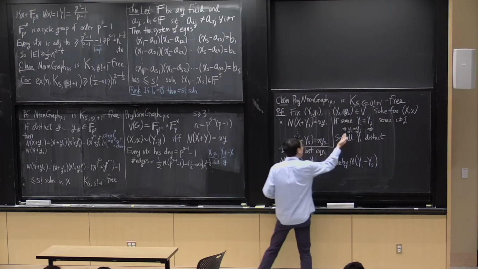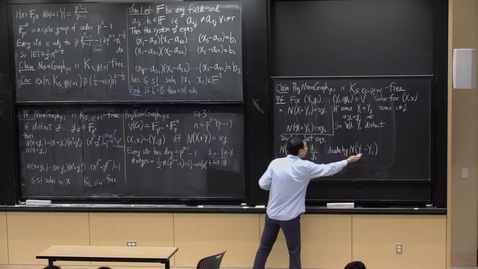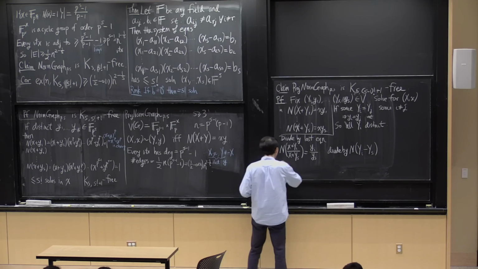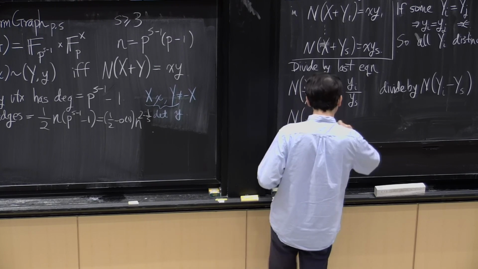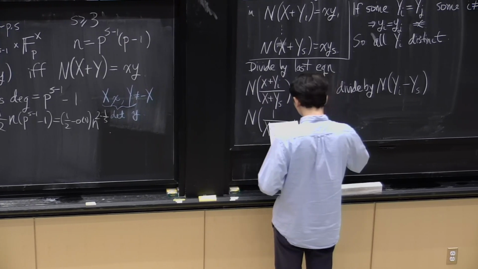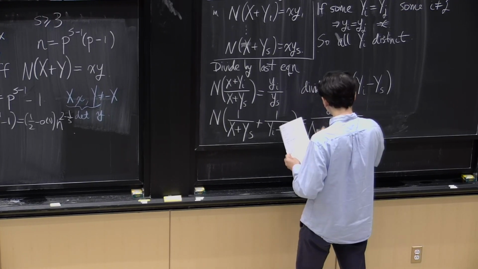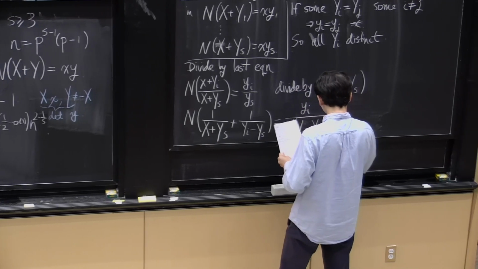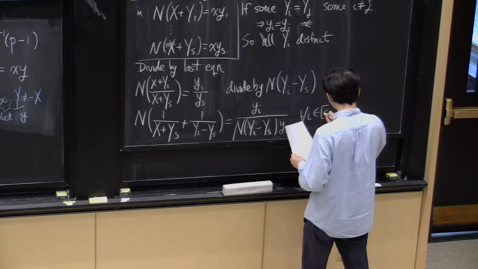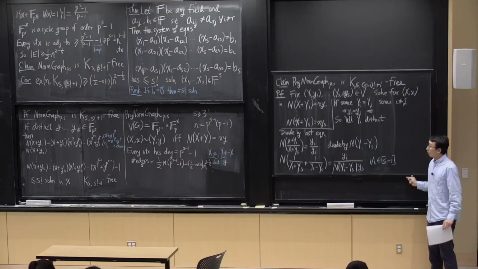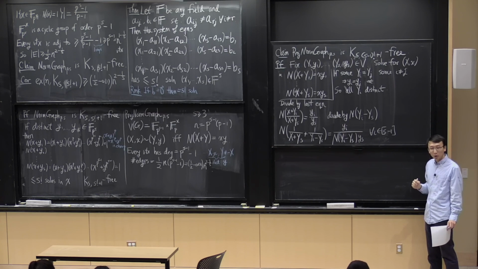This is non-zero because we just showed that all the big Y_i's are distinct. If you divide by this norm and rearrange appropriately, we find that the equations become like this. So after doing some rearranging, this is the set of equations that we get.